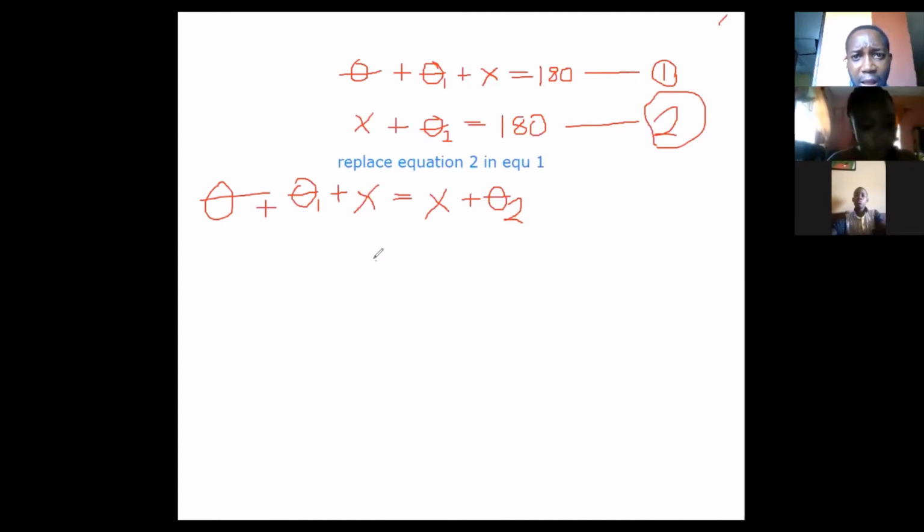Then, moving ahead, what we will now do is we will now subtract x from both sides. Subtract x from both sides.